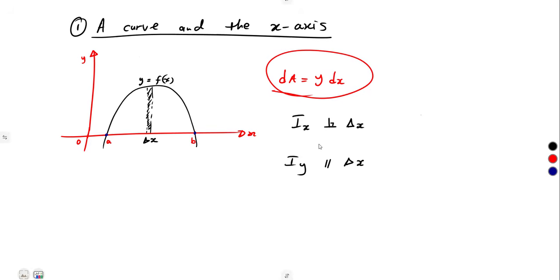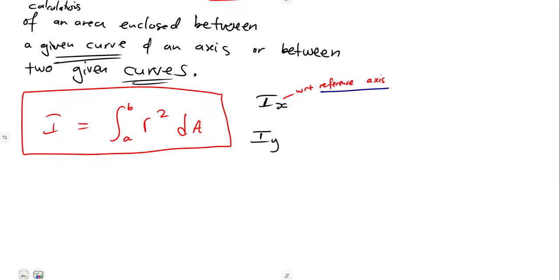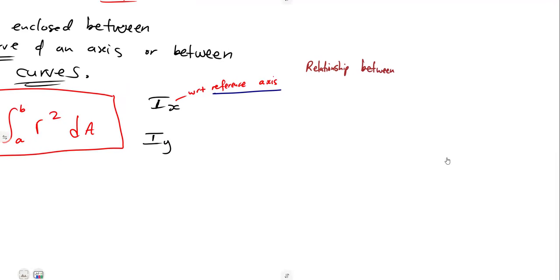So why am I referring to these? The relationship between the reference axis and the strip. It follows that, all right? So here, let us just have the relationship between the strip, the representative strip, and the reference axis.